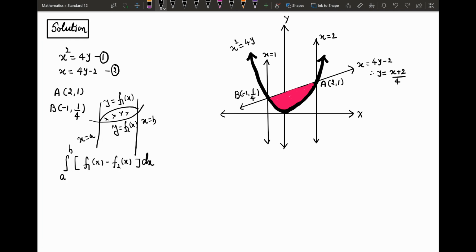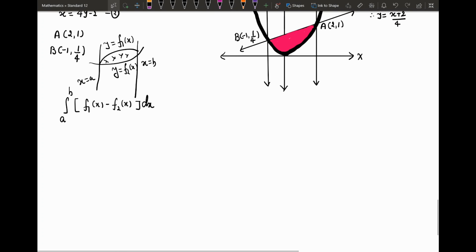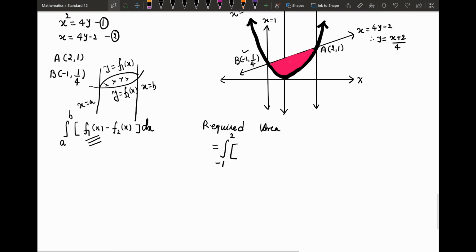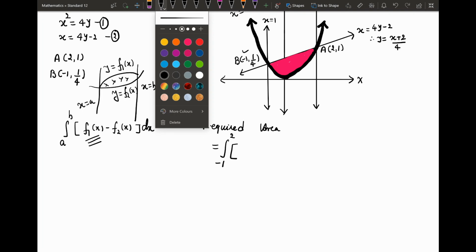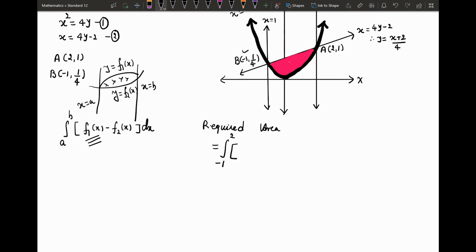So required area using this formula, with limits a to b being -1 to 2. f1(x), y as a function of x. So from this equation we have to get y as a function of x.